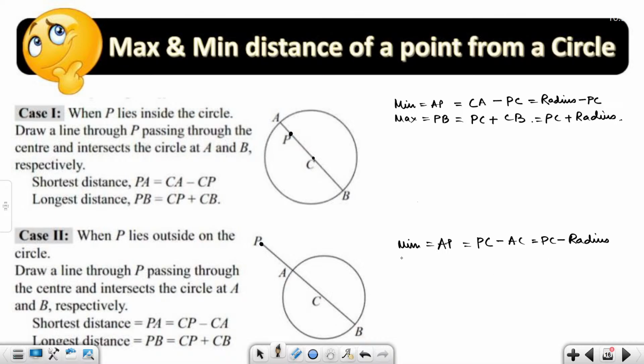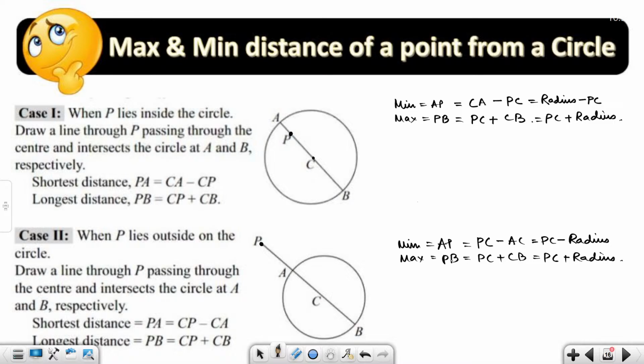And what is the maximum distance? Your maximum distance is PB. And how do you get PB? It is PC plus CB, and CB is the radius.